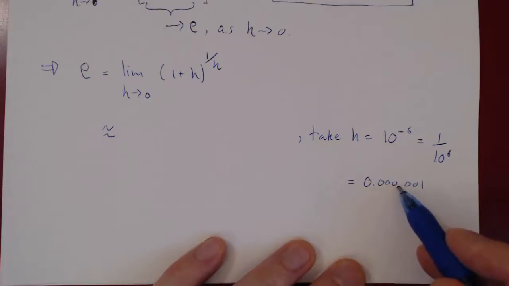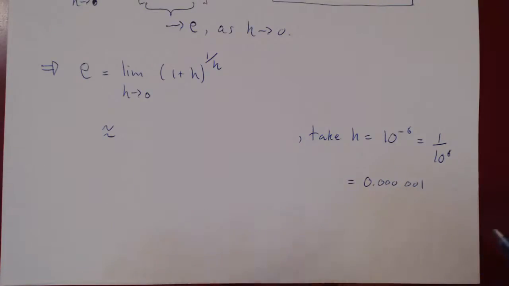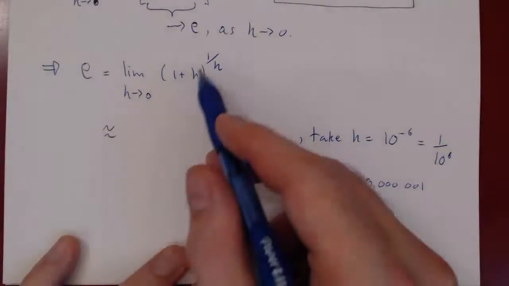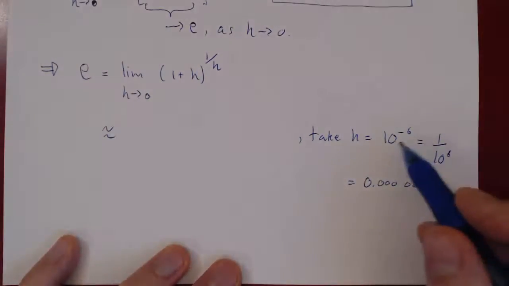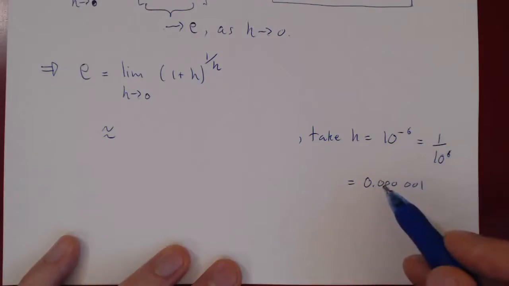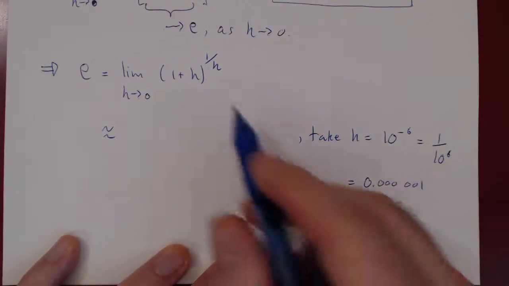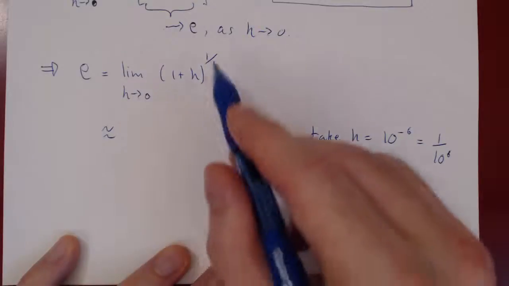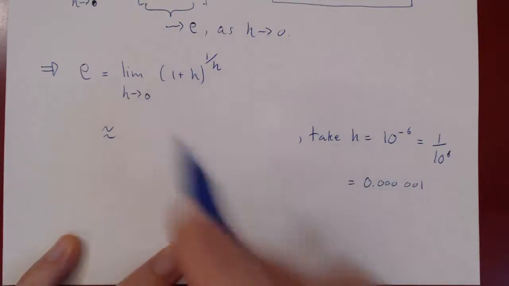Oops. 1, 2, 3, 4, 5, 6. And now we can plug in this value of h in here by 10 to the negative 6, or 0.000001, and we'll have an approximate value for this function when h is close to 0.